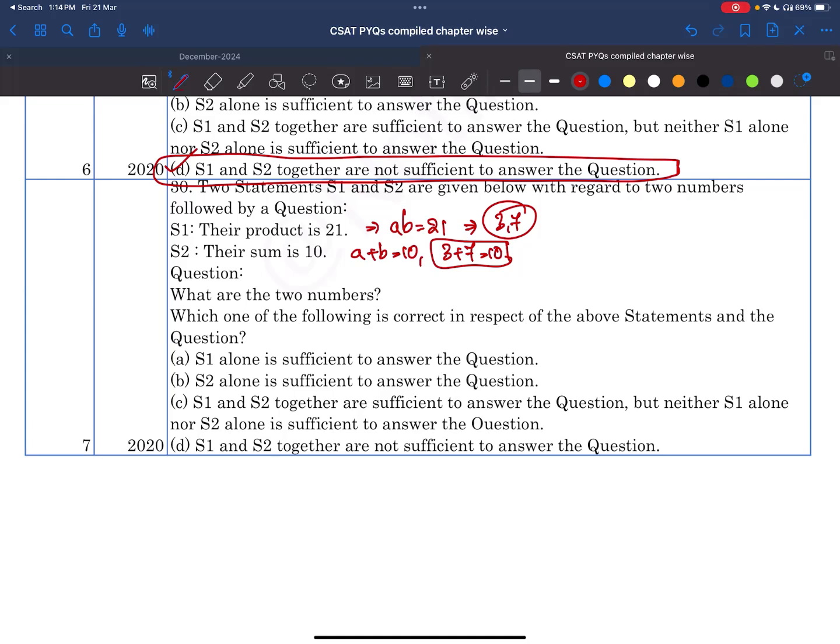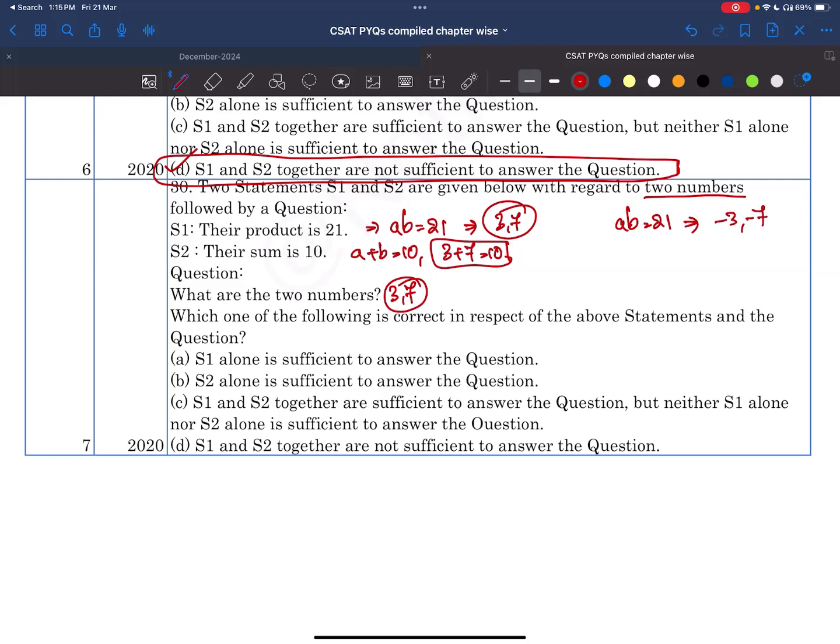Now what is the question? What are the two numbers? Which one of the following is correct in respect of the above statements and the question? What are the two numbers? 3 and 7, right? And the question is telling just two numbers. That means it's not telling any natural number, right? So the product of two numbers is 21. I can take minus 3 and minus 7 also.